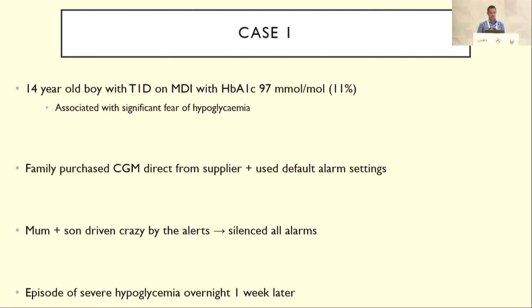So in this case, they used the default alarm settings, which for most sensors is 10.1 millimole per litre for the upper threshold alarm. You can imagine with his HbA1c and his current glycemia, that drove both mum and son absolutely nuts. And because the alarms kept going continuously, they silenced all alarms. Then unfortunately, 1 week later, he had an episode of severe hypoglycemia because his urgent low alert was turned off.